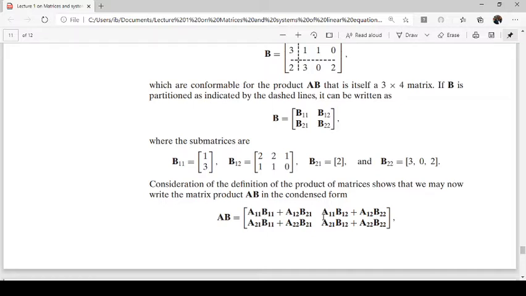We have a matrix we want to multiply, but we have condensed it in a simple form. And I've told you that the reason we need to partition matrices is because sometimes you may have a very large matrix and you want to find the determinant of that matrix, or perhaps you want to even multiply. But when you partition it, you condense that matrix. So when you multiply, this is what you will get.